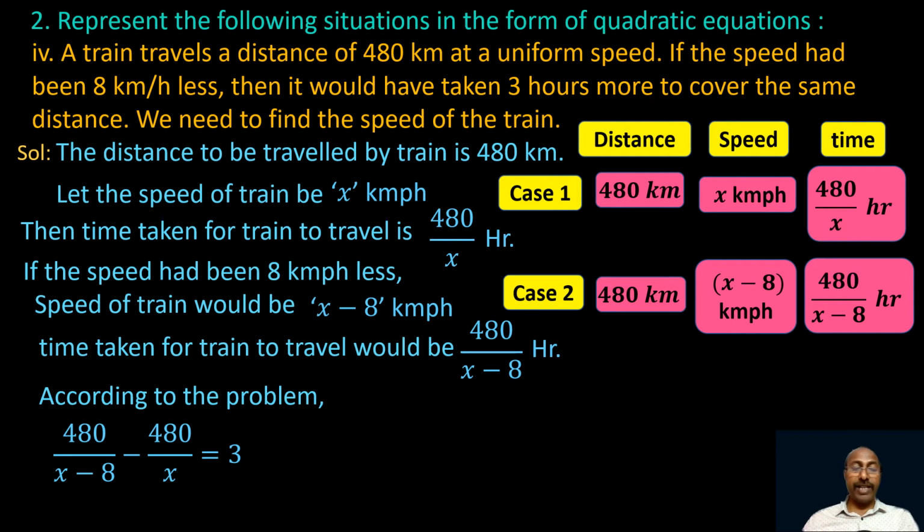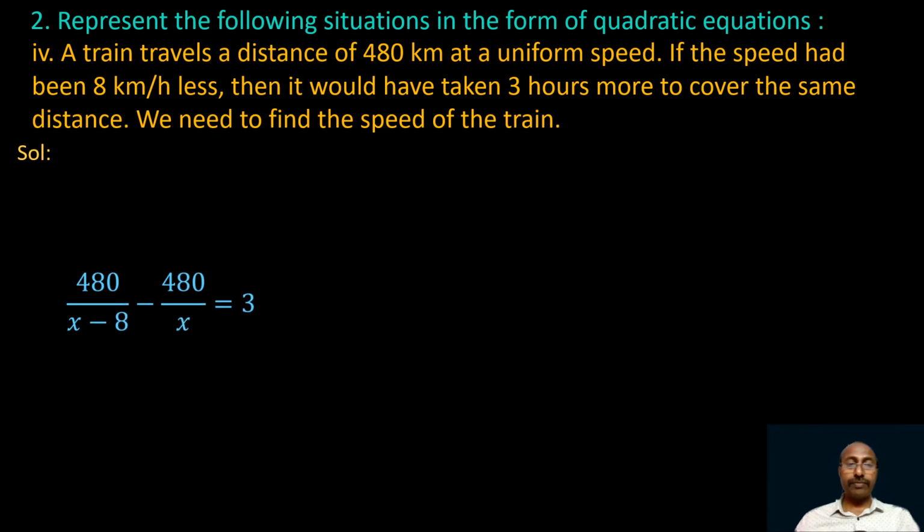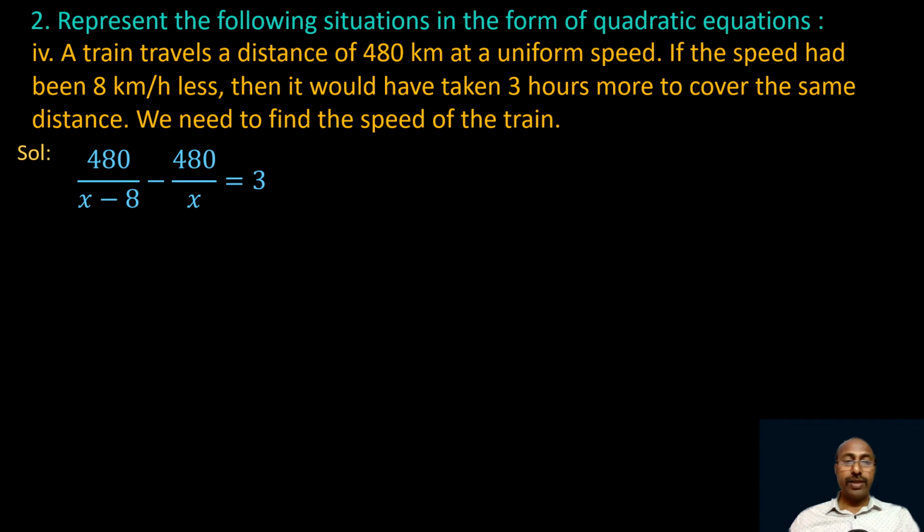So let us simplify this equation. In this equation we can take 480 common. So we can write 480 into 1 by x minus 8 minus 1 by x is equal to 3. And we can simplify the fractions in the bracket.